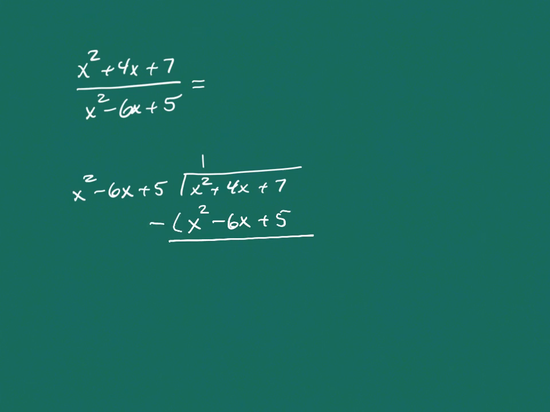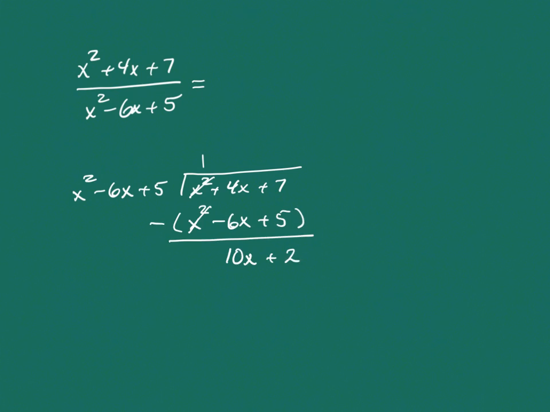And then I subtract my polynomials. My x squareds go away. So I have 4x plus 6x, which gives me 10x. 7 minus 5 is going to give me a plus 2.